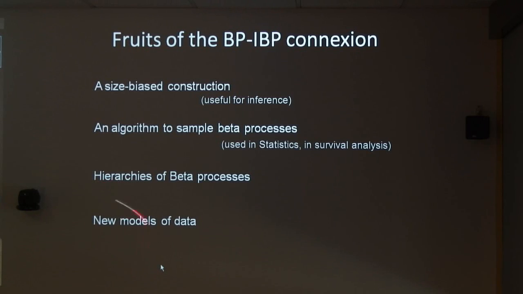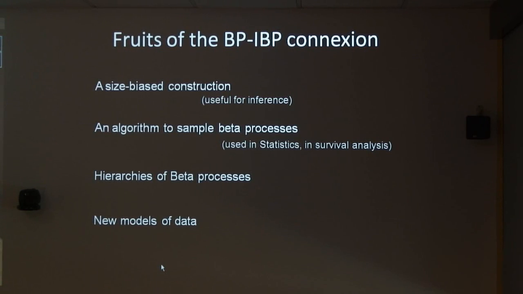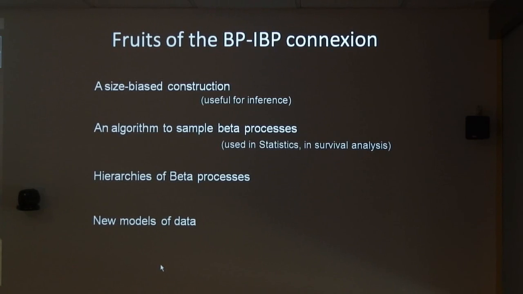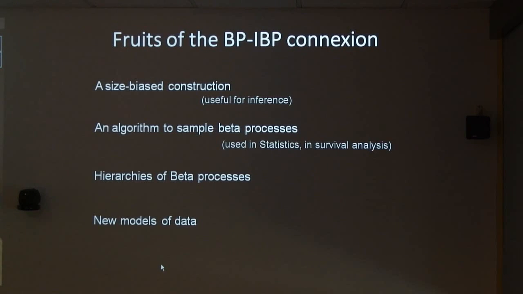So why new models of data, just before I go into hierarchies? Because when you know about the Indian buffet process and that it's exchangeable, it's pretty hard to come up with a new model that would now talk about counts, where you can observe a feature more than once for a particular object.